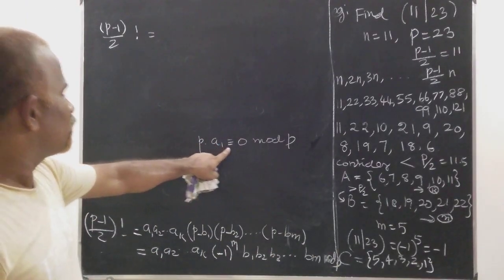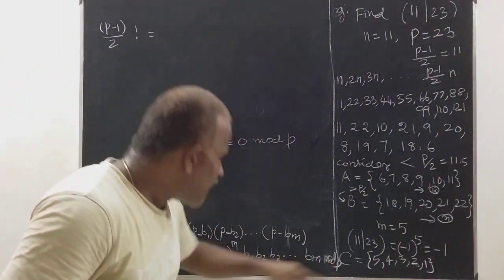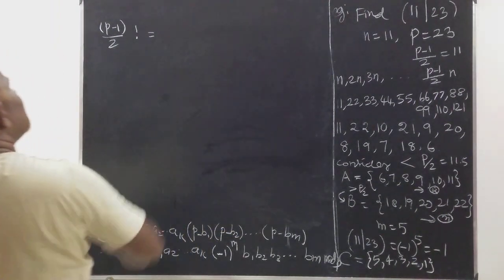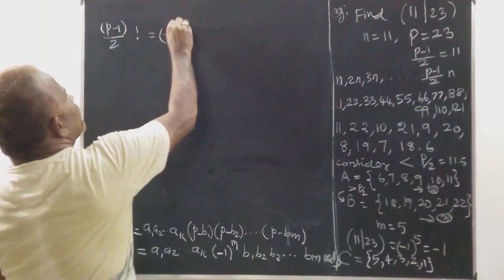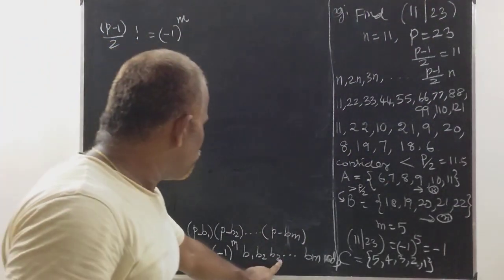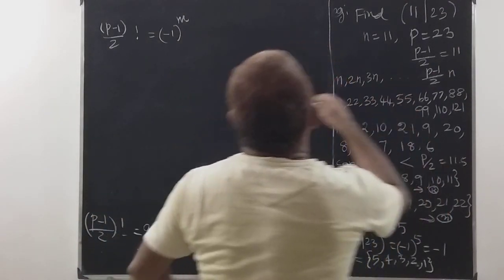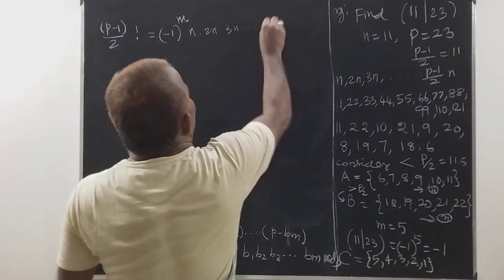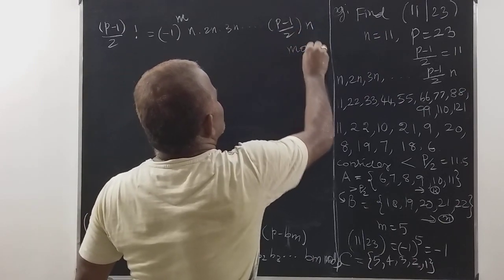Because P times something is congruent to 0 mod P, I can leave all those elements. So therefore I can write minus 1 power m into A1, A2, ..., Ak, B1, B2, B3, ..., Bm mod P. So all the A's and B's are taken from n into 2n into 3n into ... into ((P minus 1) by 2) n mod P. Mod P is most important.